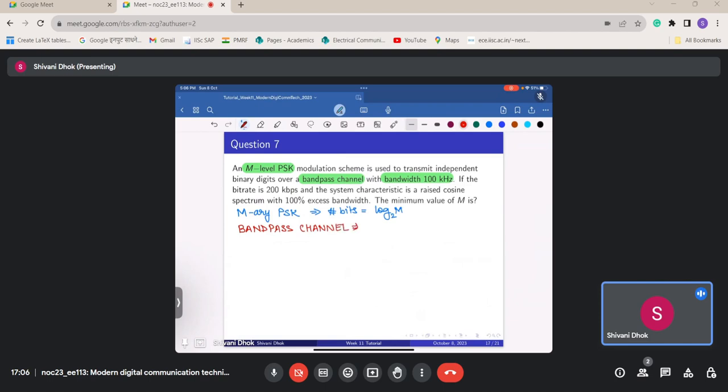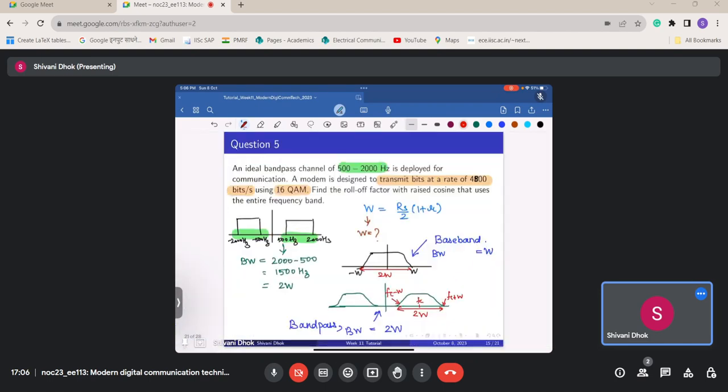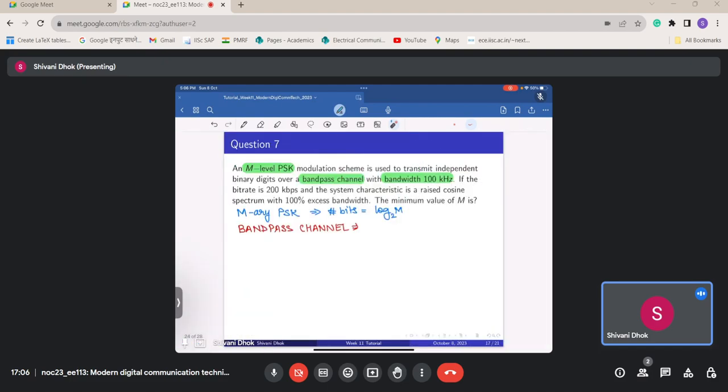And what does this information tell us? This tells us that if it is a bandpass channel, then your bandwidth will be equal to twice the value of your W. So this means that your bandwidth is equal to 2W, which is equal to 100 kilohertz.